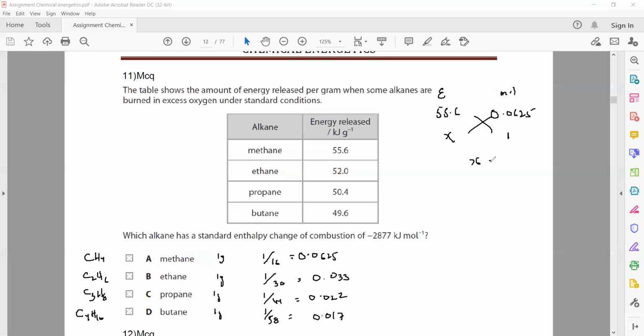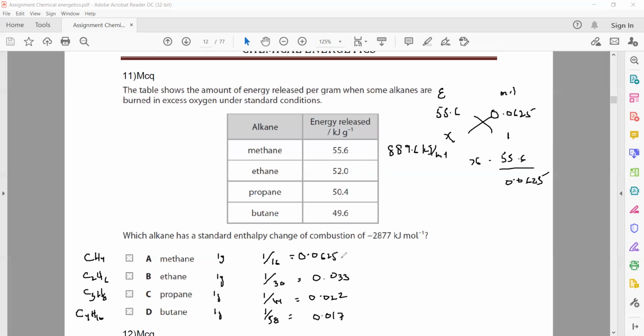So X will be equal to 55.6 divided by 0.0625. That will give the energy release, which is about 889.6 kilojoule per mole.